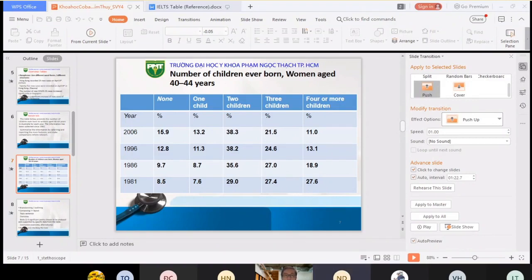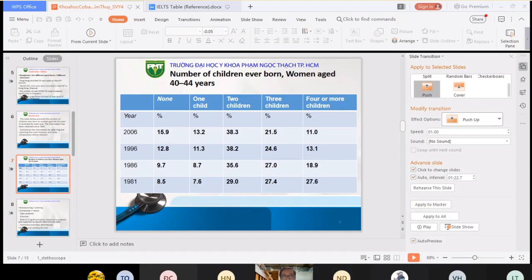Now let's discuss the rows. Okay, so what does the first row represent? It represents the number of, the percentage.